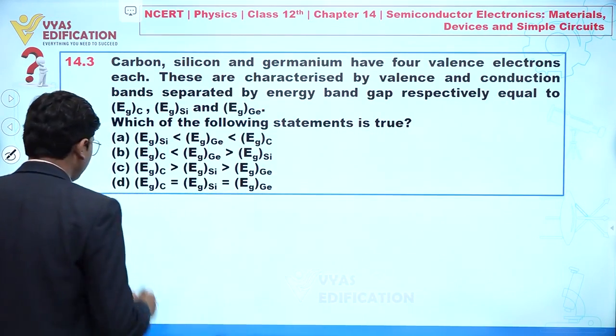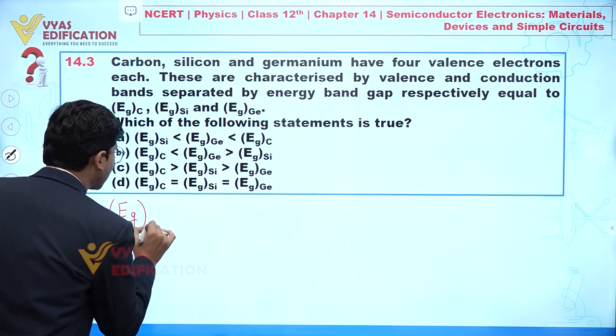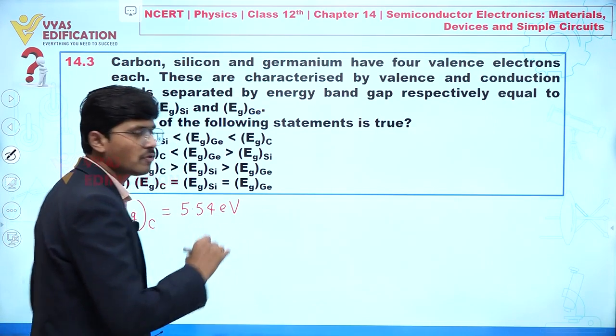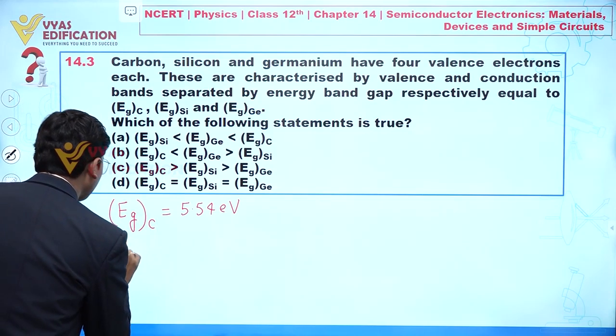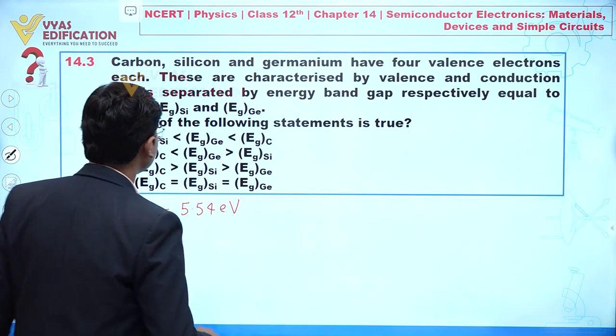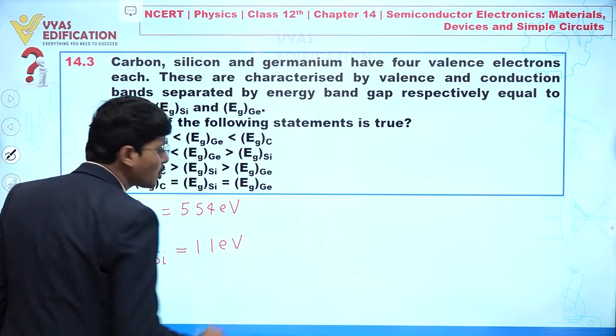If we talk about the energy gap of carbon, this is given by 5.54 electron volt, near about you will find this value. Clear? The energy gap between conduction band and valence band for silicon is near about 1.1 electron volt.